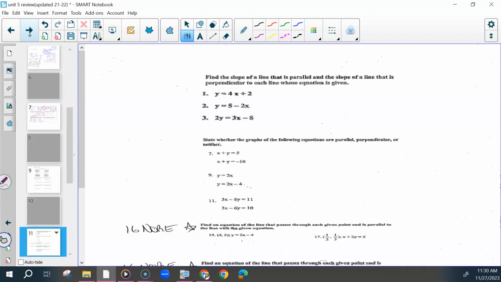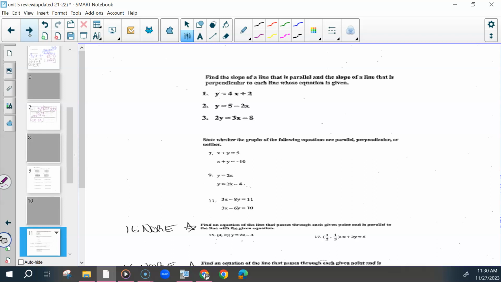And then 23 and 24 are 22 and 23 from that previous page. So we could do 7, 9, 11, 15, 17, 19, 20, or 24. Any of those. Questions on any of those?